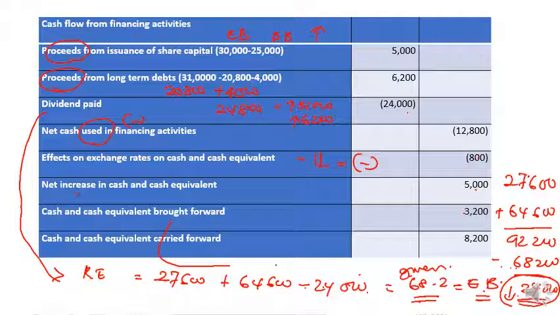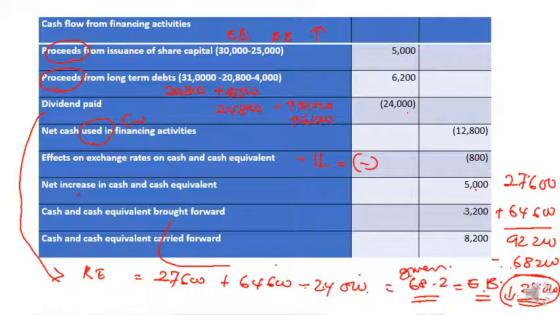So you're going to have here net cash used in financing, because we have a negative amount here, 12,800. And then the effect of exchange rates relates to the cash and cash equivalents here. So the effect here, we have a loss, so we need to minus from cash here.